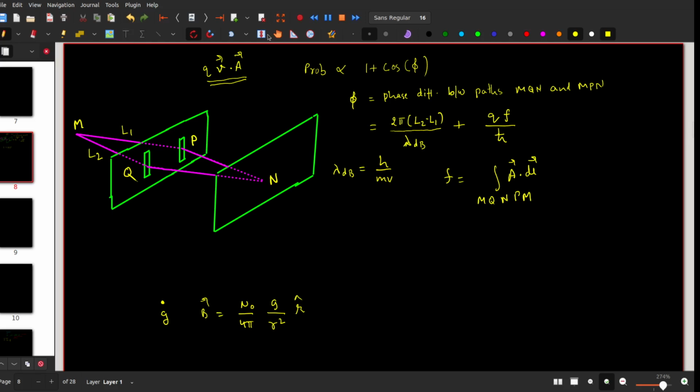So we are assuming now that we have a monopole. With this monopole as the center, suppose this is at a distance R from this setup, below this setup. This distance is R. So we draw a sphere of radius R with center at G, this monopole.